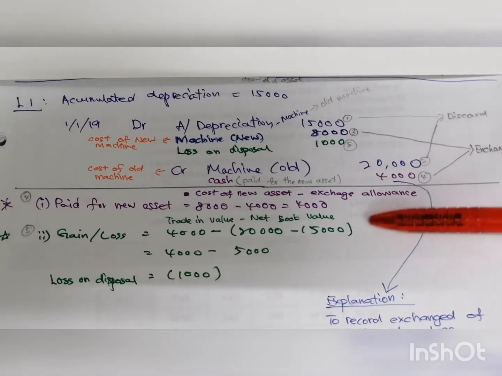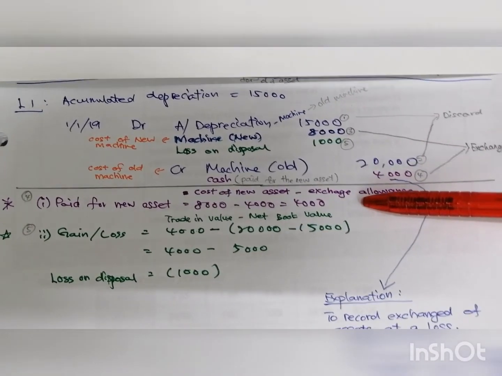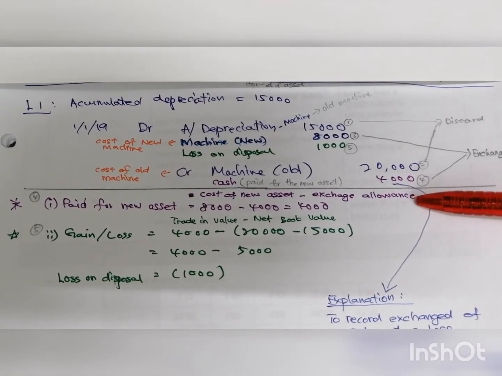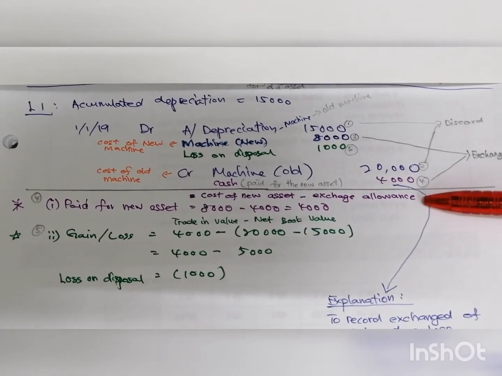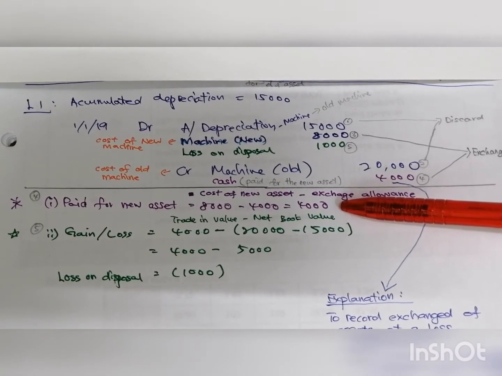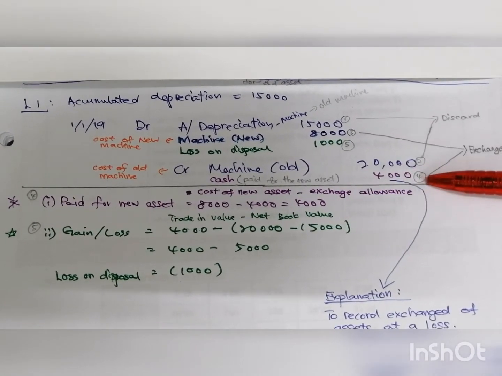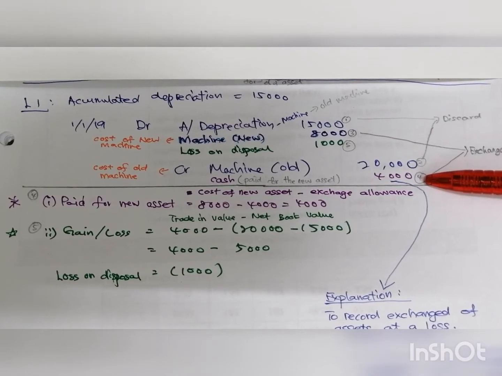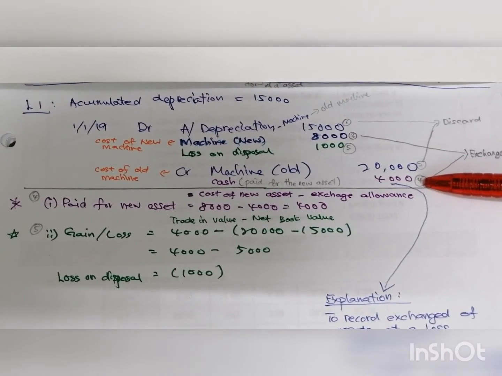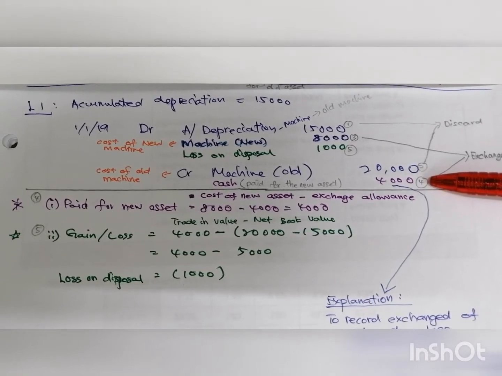So this is the formula. The payment for new asset is the cost of new asset minus exchange allowance. So 8,000 minus 4,000, we got 4,000. That's why we credit cash, that is the payment for the new asset, 4,000 here.